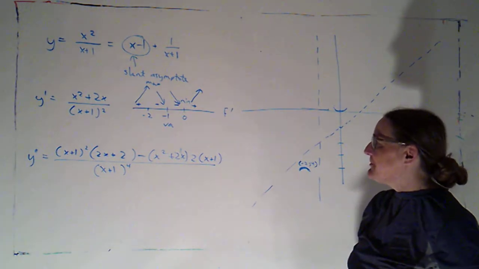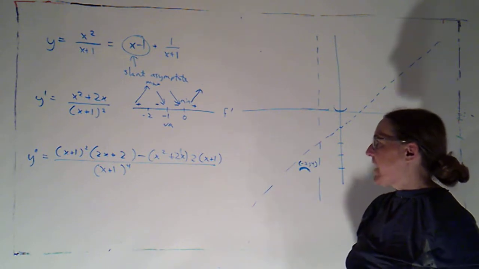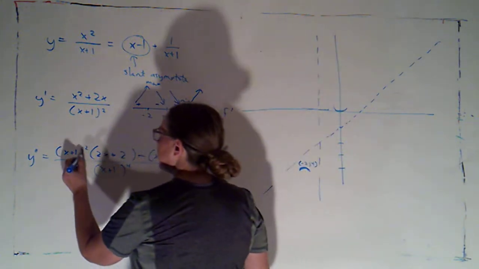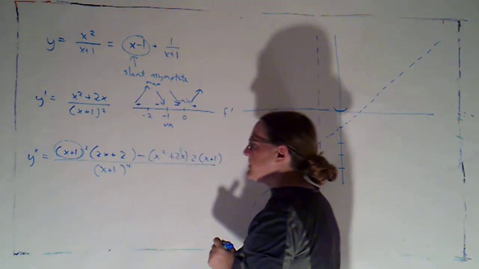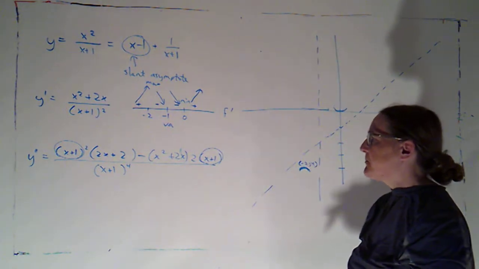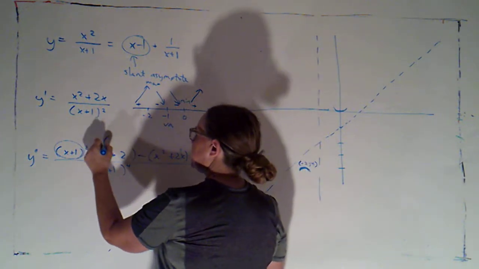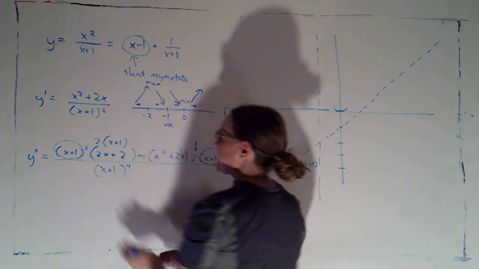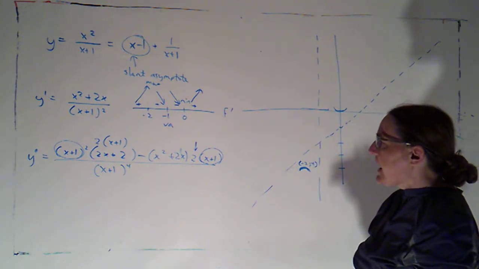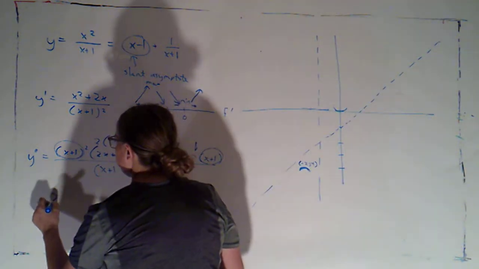Okay, so I want to simplify this. I think what I definitely want to do is try to do some factoring if I can. Okay, so notice here there are 2 factors of x plus 1, and there's an x plus 1 right there. Also, there's a 2 here. And I could, if I wanted to, write this as 2 times (x plus 1). So it looks like I can factor out a 2 and an x plus 1 from the top.